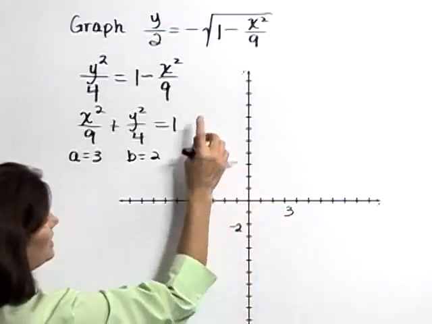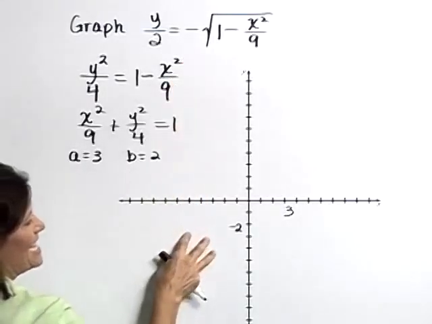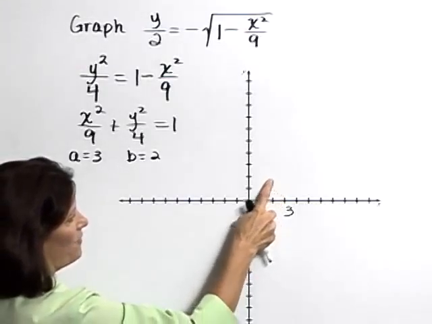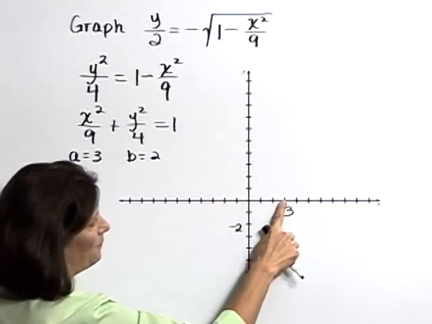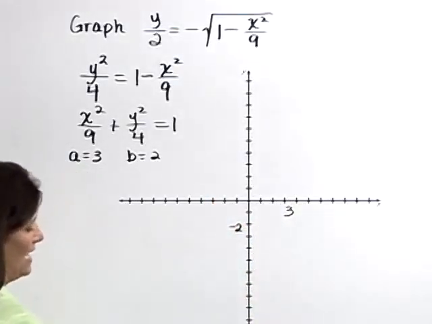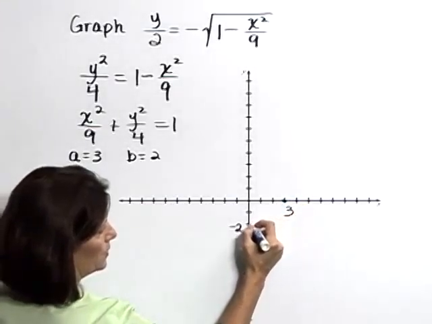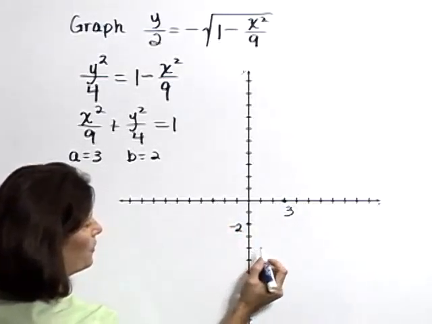Now remember that initially we discussed the fact that y must be a negative value. Therefore, as we graph this, we're not going to get to graph the entire ellipse, but only this bottom portion of the ellipse where the y values are negative. So this ellipse is going to include this point at 3, 0, and 0, negative 2, and that's a negative 3, 0.